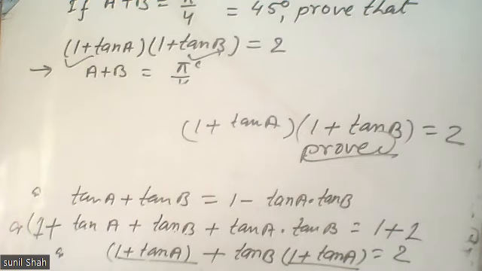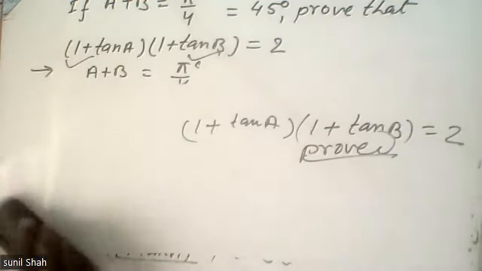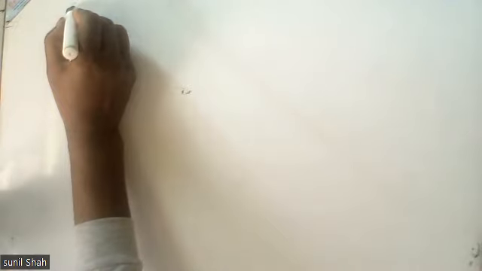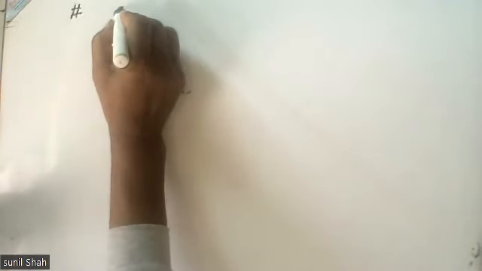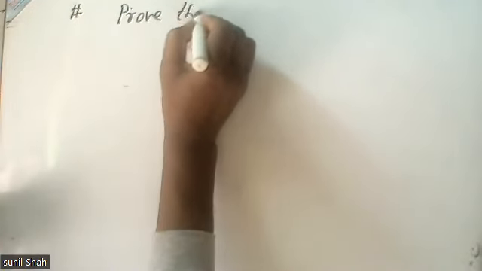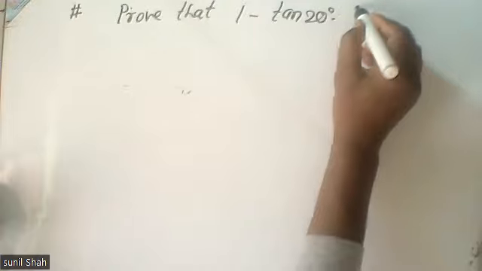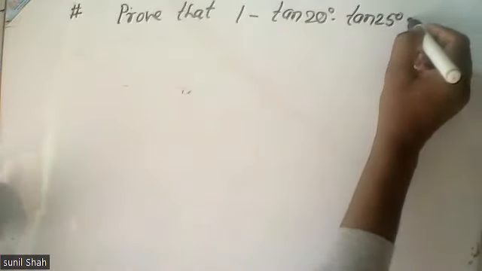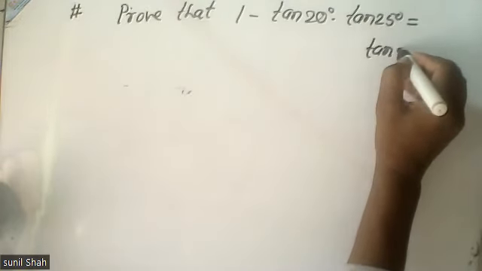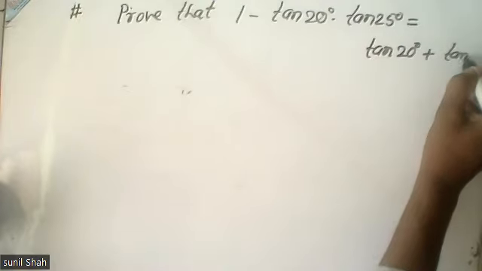Next, prove that, now this is of another type. 1 minus tan 20 degree into tan 25 degree is equal to tan 20 degree plus tan 25 degree.